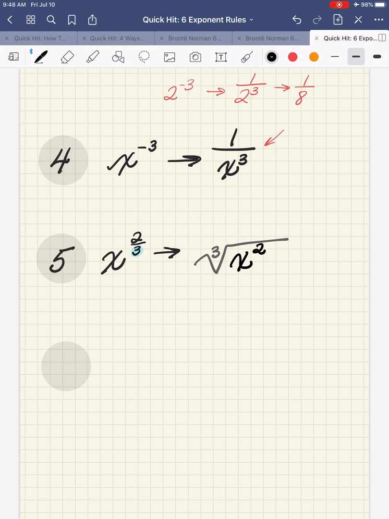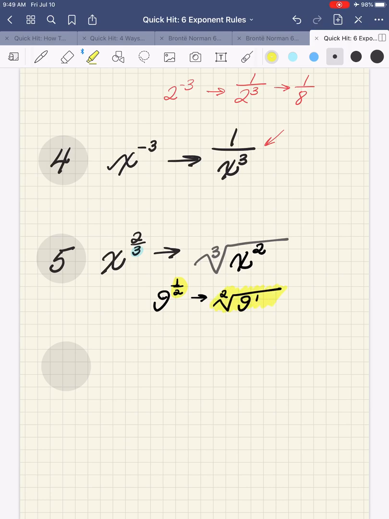Or more often we see something like, let's say, 9 raised to the 1/2 power would be the same as the square root of 9 to the 1st. So when we take something to the 1/2 power, we are essentially just taking its square root.